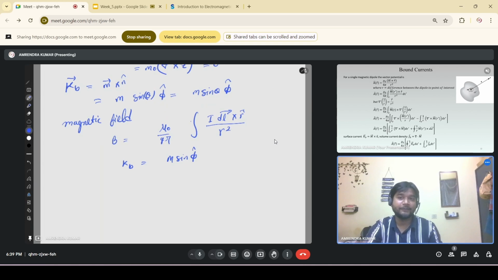And what is the perpendicular direction to it? That means the perpendicular direction to the surface, because now the current is on the surface.